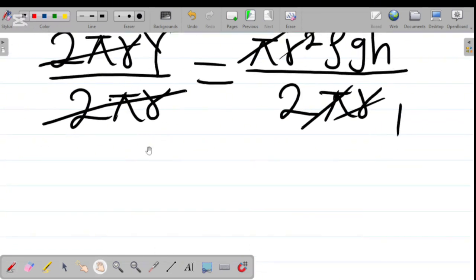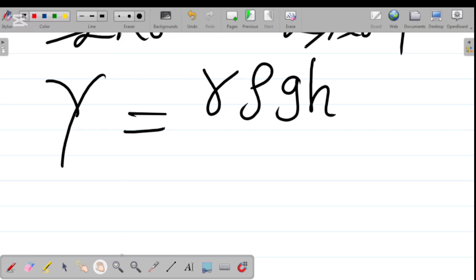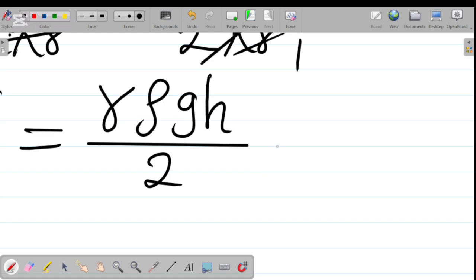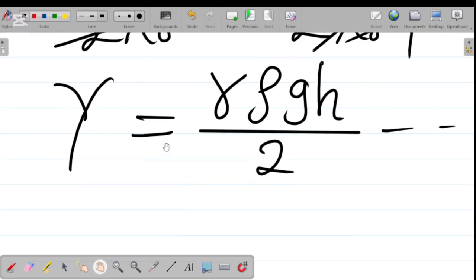So we have gamma is equal to r rho gh divided by 2. So this is the formula for surface tension. Let's call this equation 9.